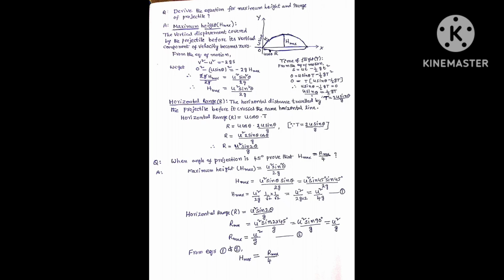R equal to u cos theta into 2u sin theta by g, since T is equal to 2u sin theta by g. R equal to u square 2 sin theta cos theta by g. Therefore, R equal to u square sin 2 theta by g.